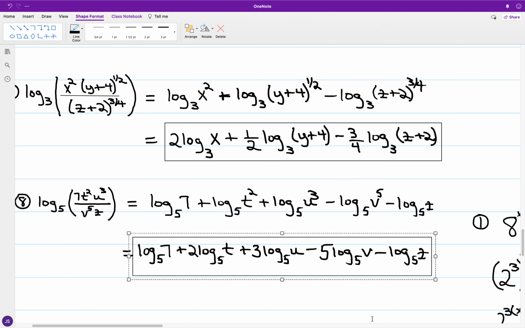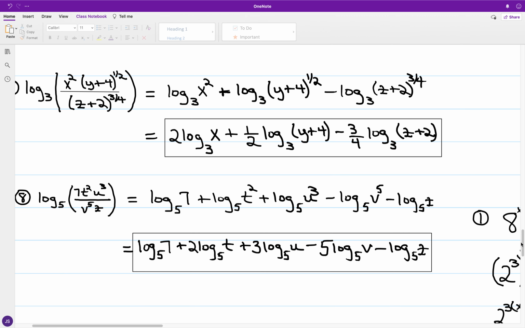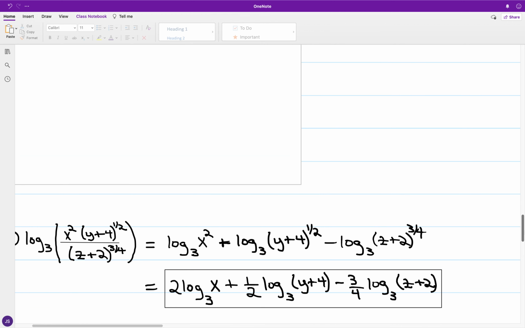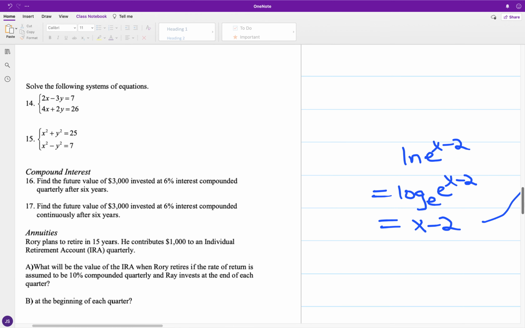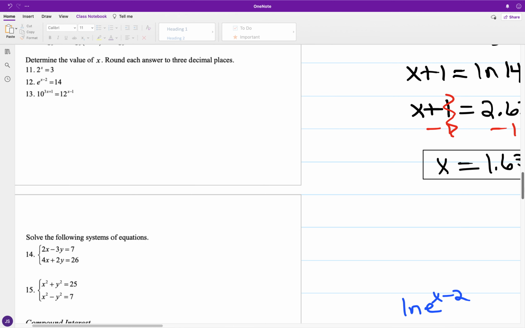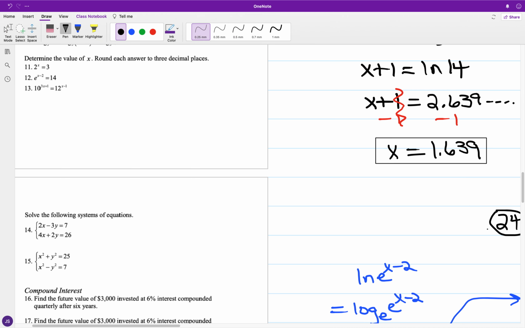Right. Now, just going back to exponential equations, we have numbers 11 through 13. For number 11, you have a basic problem with 2 to the x equal to 3.